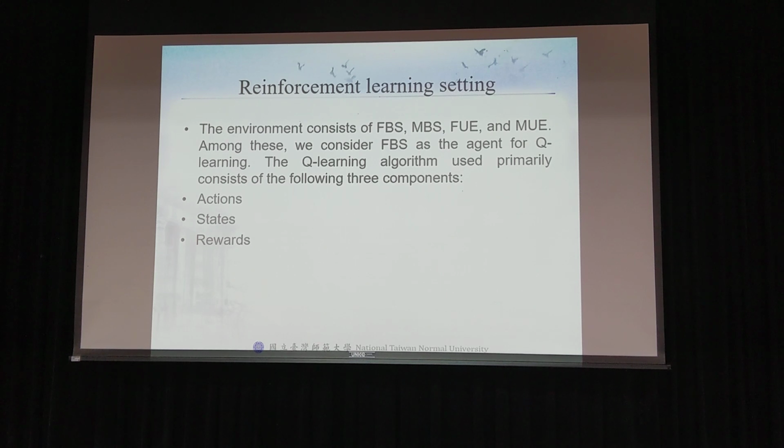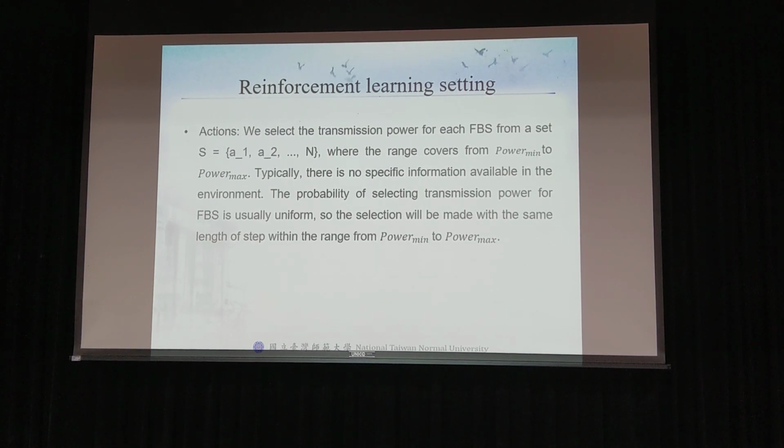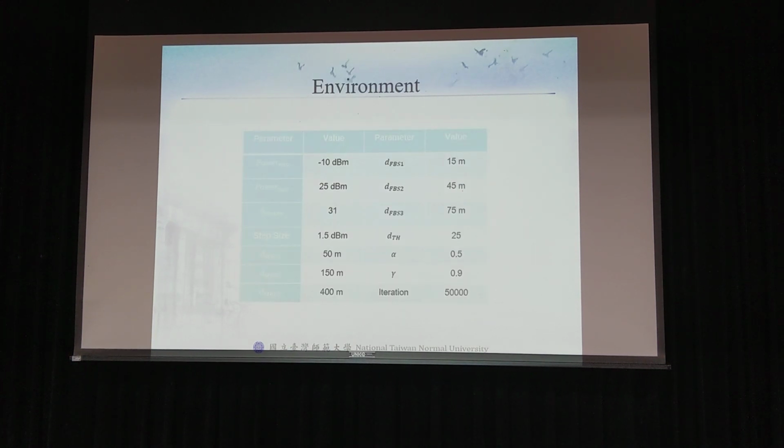And next, I will talk about my reinforcement learning setting. In RL, I will use Q-learning. Next I will talk about the setting of my actions, state, and reward. For actions, we select the transmission power for each FBS from the set A1, A2 until AN, which covers the range from the minimum power to the maximum power, from -10 to 25.